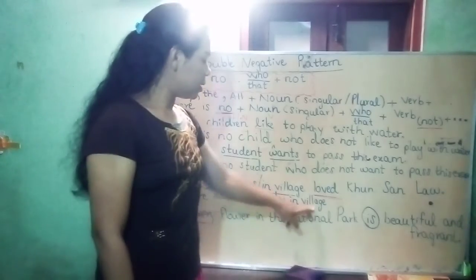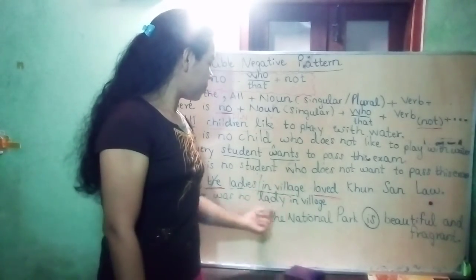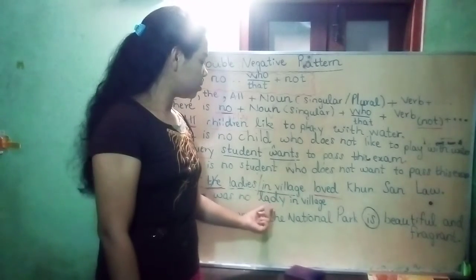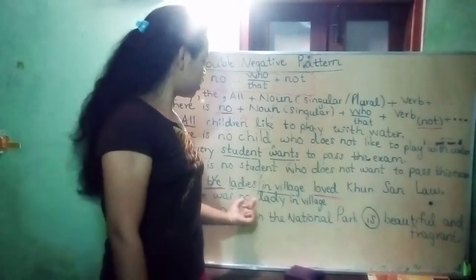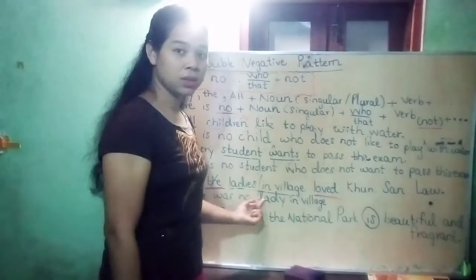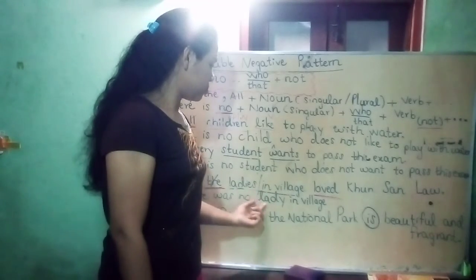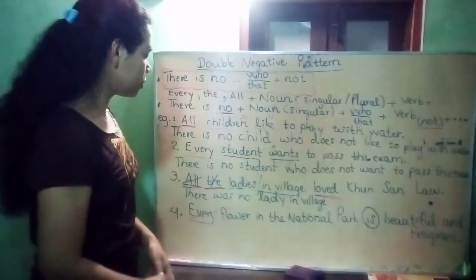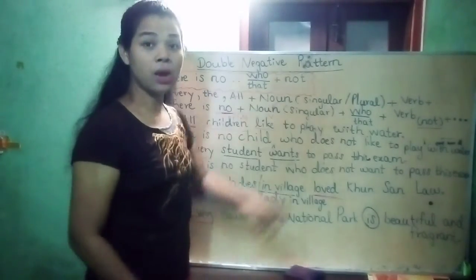In this phrase, lady is the main point. Lady who is living in village. This is the main point. You have to focus. Lady is a kind of person, so who will be used as the conjunction.